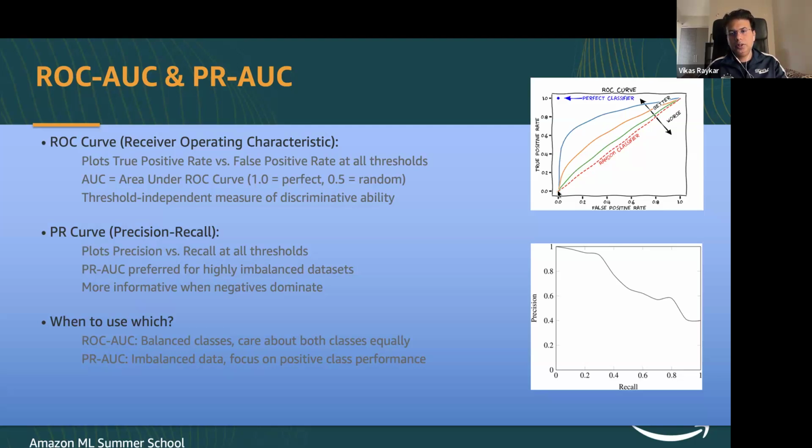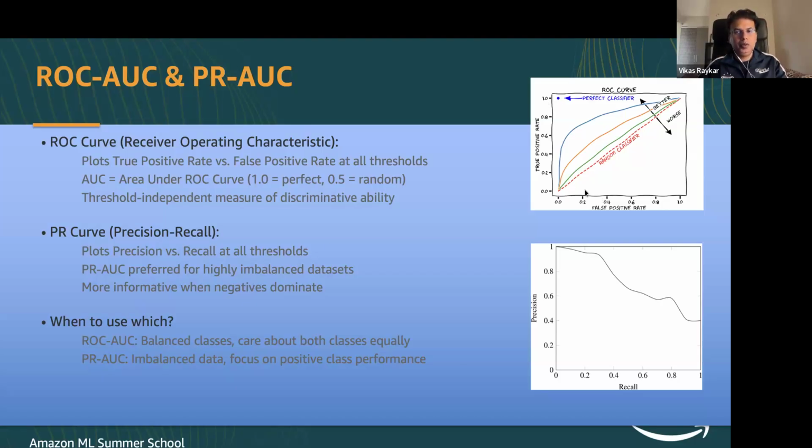In this plot, the dotted diagonal is a random classifier, and this blue dot is a perfect classifier. The random classifier will have an AUC of 0.5, whereas the perfect classifier will have an AUC of 1. And the better the classifier, the more the AUC will be towards 1.